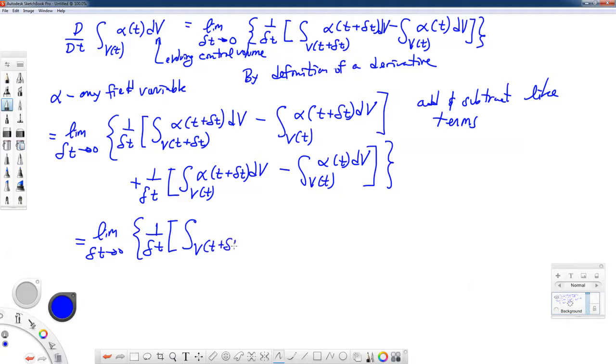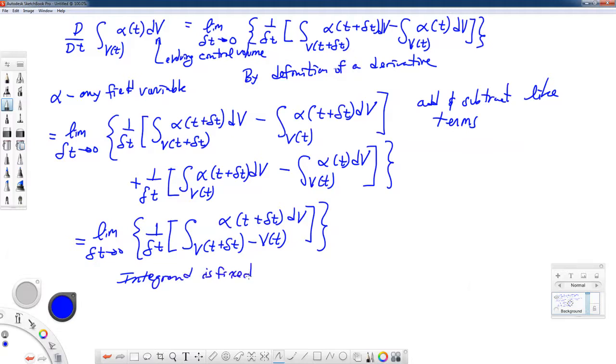If you notice, the integrand is fixed, so I'm going to write it this way: minus the volume at time t of this fixed integrand that's at time t plus delta t. And close square bracket. Okay, so this one, the integrand is fixed, but the volume is varied.